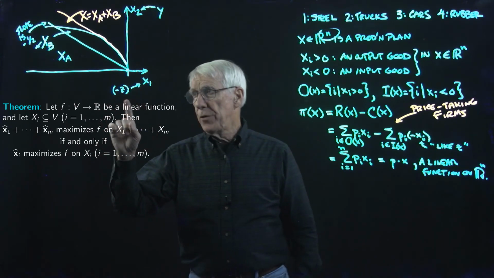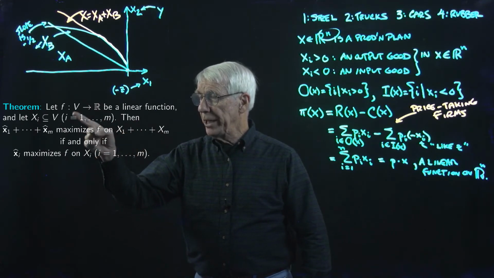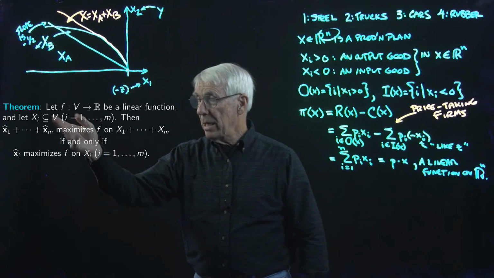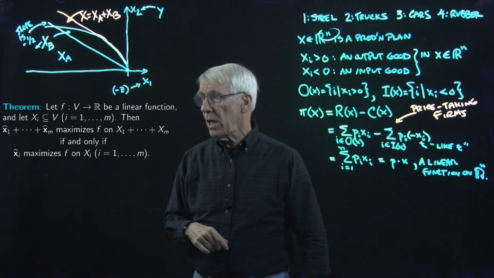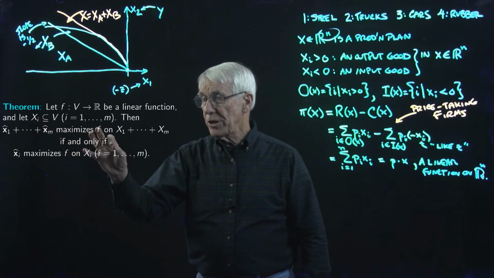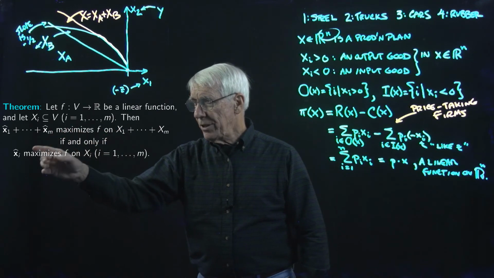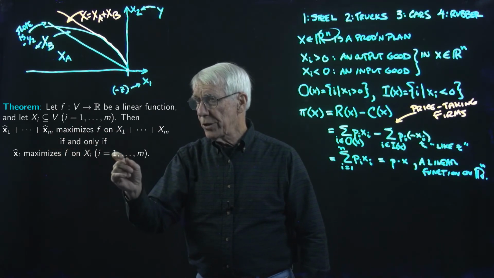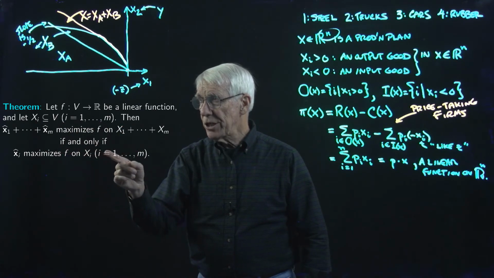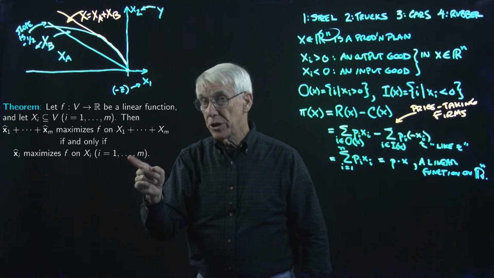And so the theorem here says that if we have a linear function, and here we don't have just two, we actually have m sets, then we have a vector that maximizes profit in the aggregate if each of the individual vectors that get summed up to the aggregate vector each maximizes the linear function on the individual set Xi.